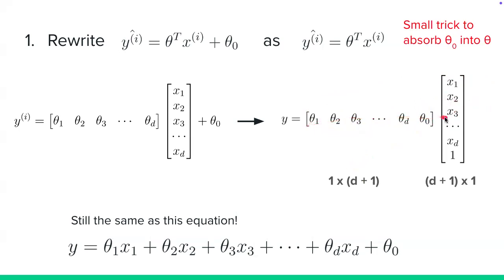If we multiply these two vectors, we actually get back the same equation that we started with from the beginning. This just shows that we did not change the equation. It's still the same. We just rearranged the formula.